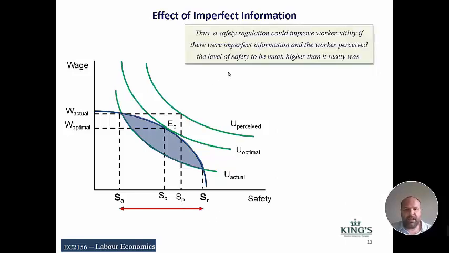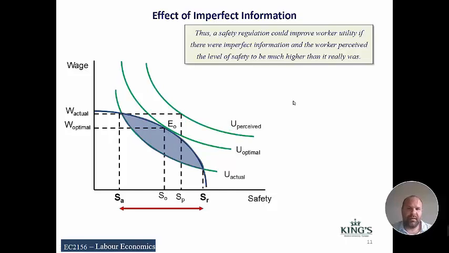Okay, and think about where the optimum would be. The optimum would be at E0. If the government had perfect information and could properly determine what safety level this firm should offer, it would be S0. If the government offered a safety level of S0, then the worker would be at their optimum.